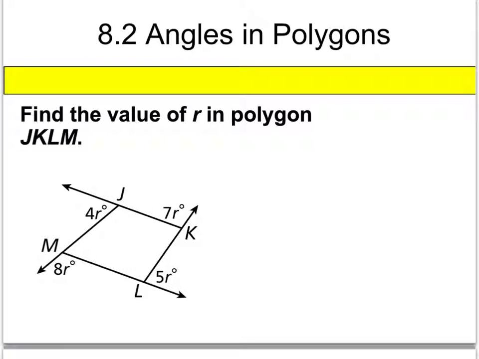Alright, so moving on. Here's going to be our last note of the day. It says, find the value of r in polygon JKLM. Very original. Look at that, JKLM. Okay, so looking up here, you will see that we have exterior angle measures of 4r, 7r, 5r, and 8r.